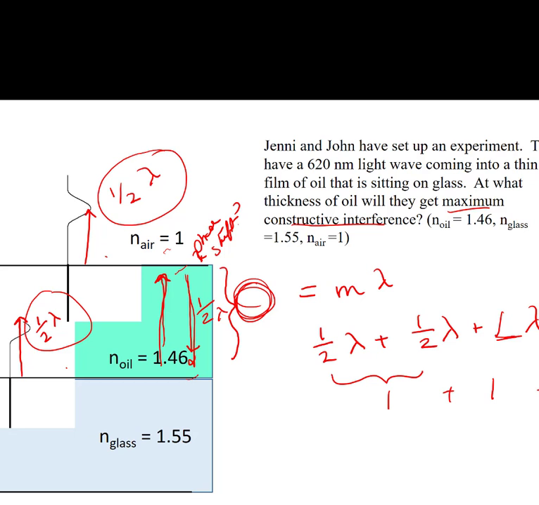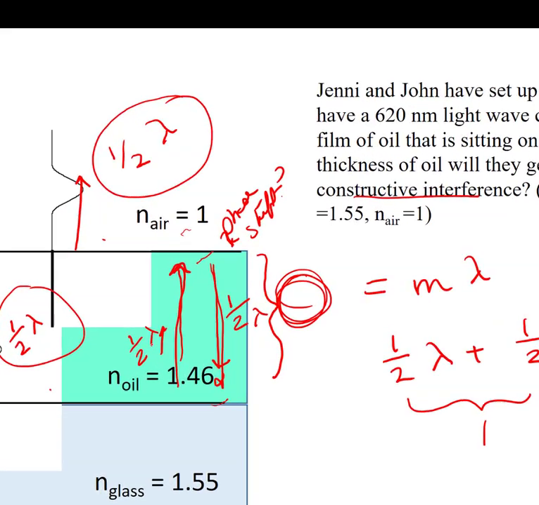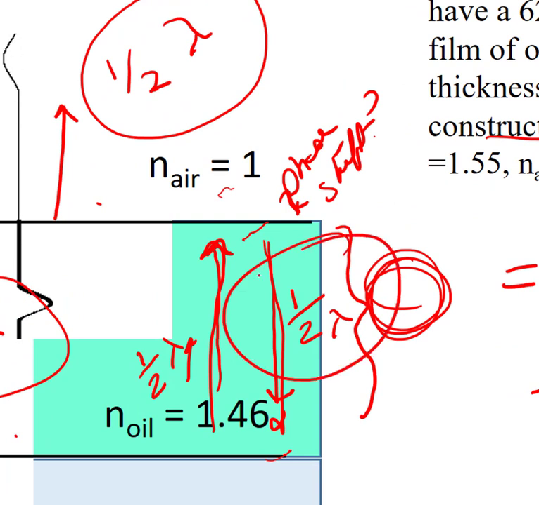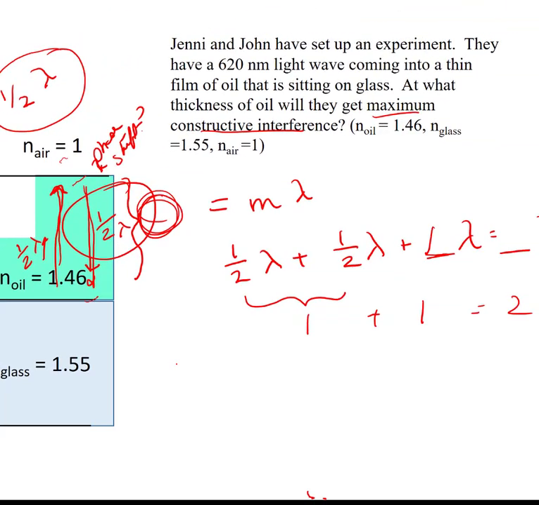So this is going to be half a cycle going down, and this is going to be half a cycle coming back up. And half plus half is 1. So how thick is the thin oil going to have to be? Oh, it just has to be half a wavelength. So now we know how thick it is. It just has to be half a wavelength, and we'll have maximum constructive interference.